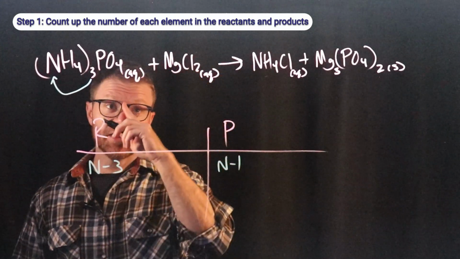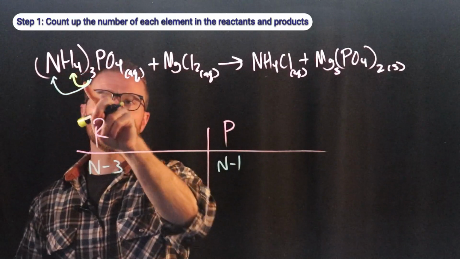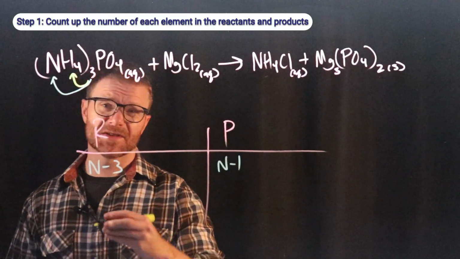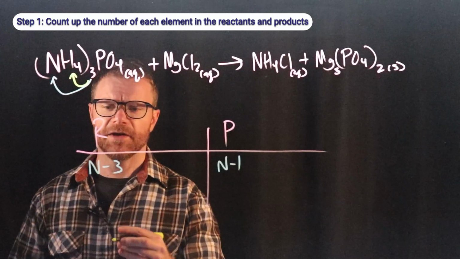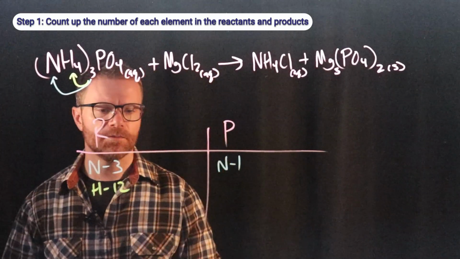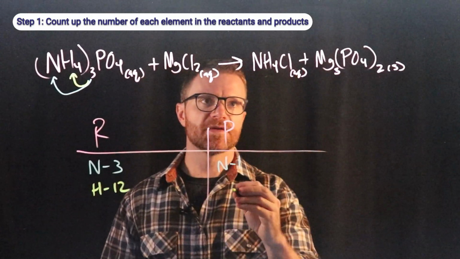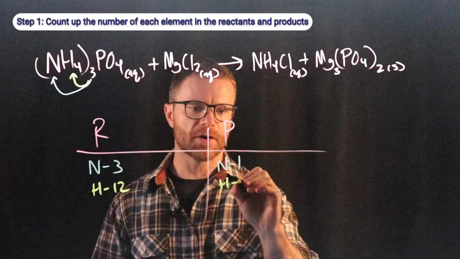Next down, let's look at our hydrogens. Here we have 4, but they're also being multiplied by this 3 outside the parentheses, so that's 4 times 3, 12 hydrogens. Look to see if there's any more hydrogens. No. Here in our products, 4, and then we're not multiplying it by anything, so that's just 4.